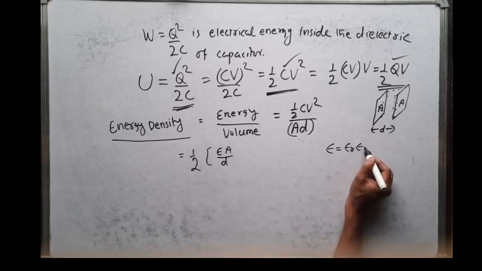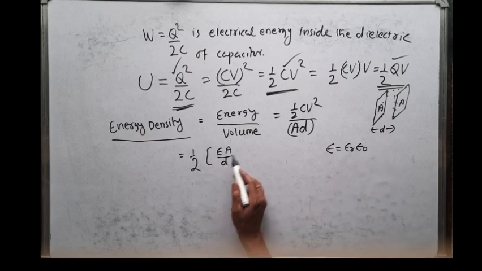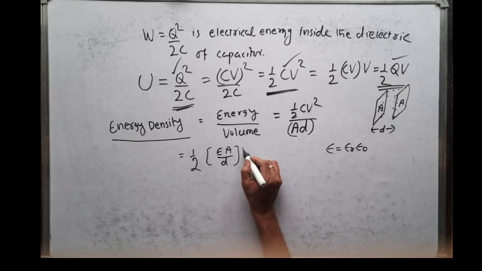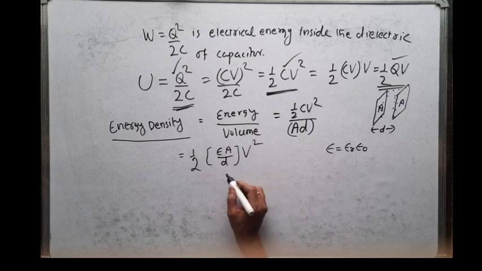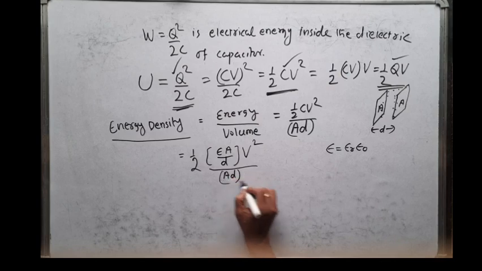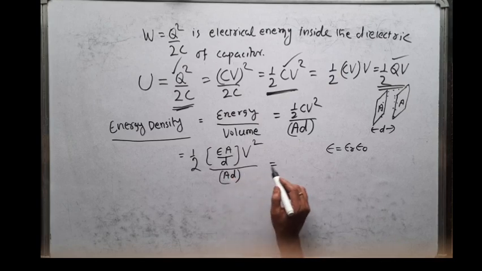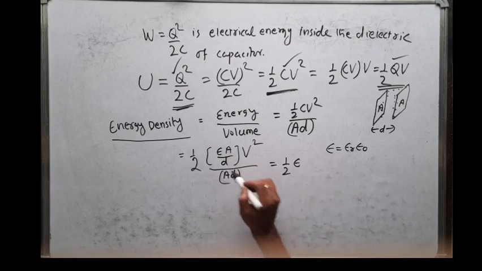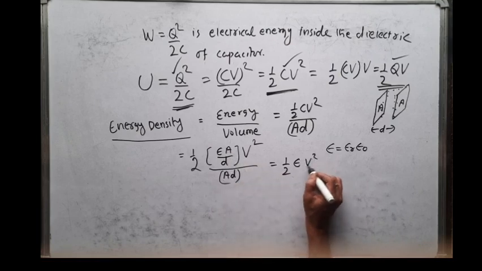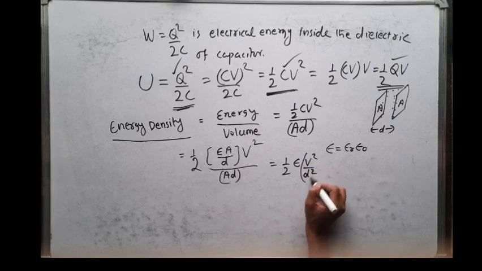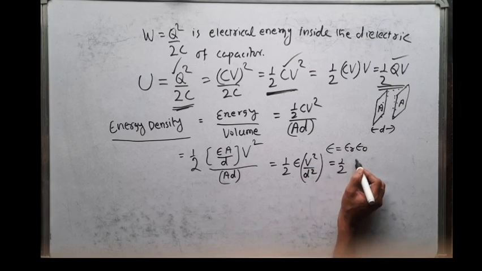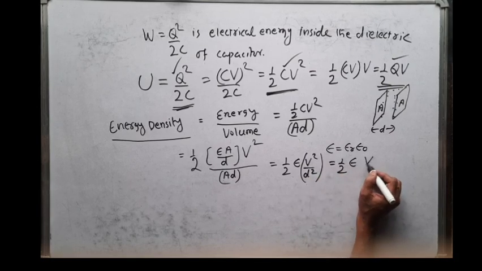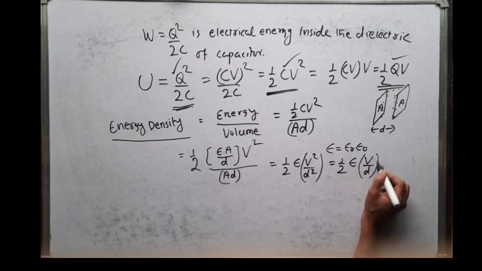Epsilon naught into epsilon R. So energy per volume is half epsilon A by D into V square divided by A into D. A cancels, we get V square by D square. That is equal to half epsilon, V by D whole square.